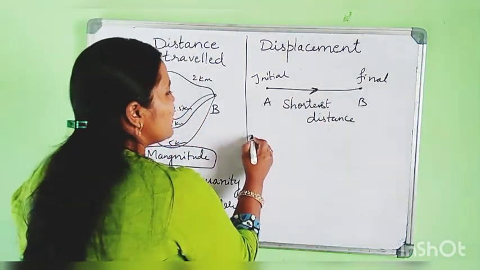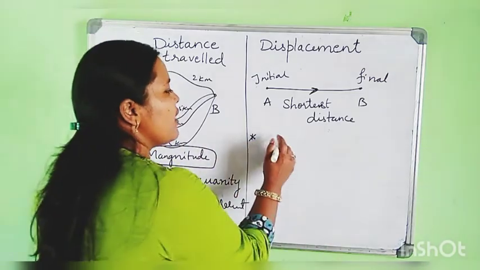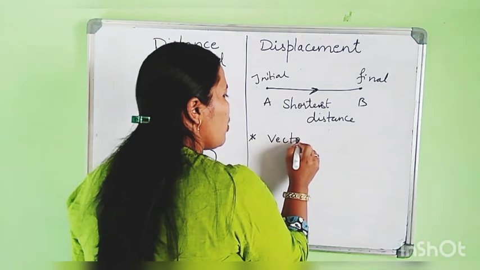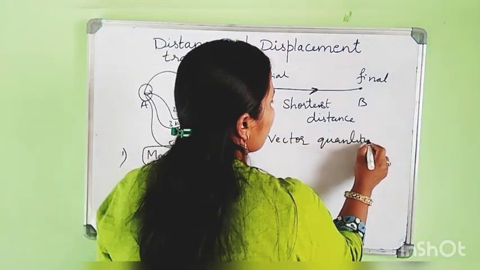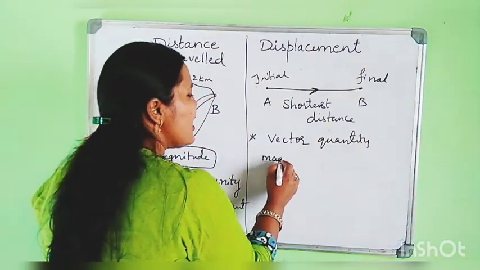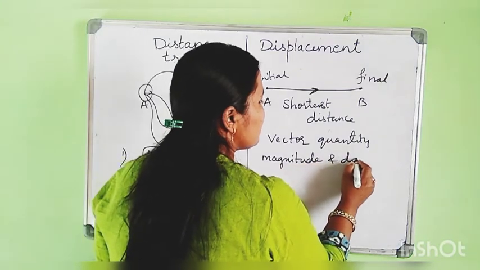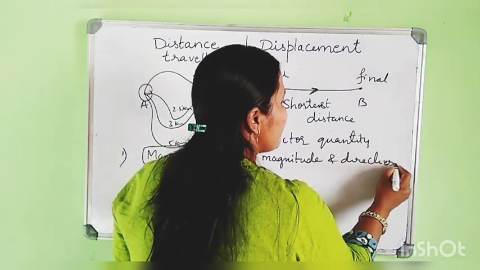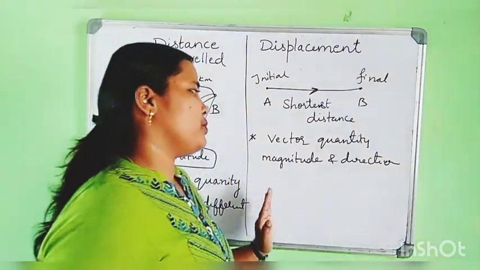Now, the first important point is it is a vector quantity because it has both magnitude and direction. So it needs direction and magnitude to complete the description.